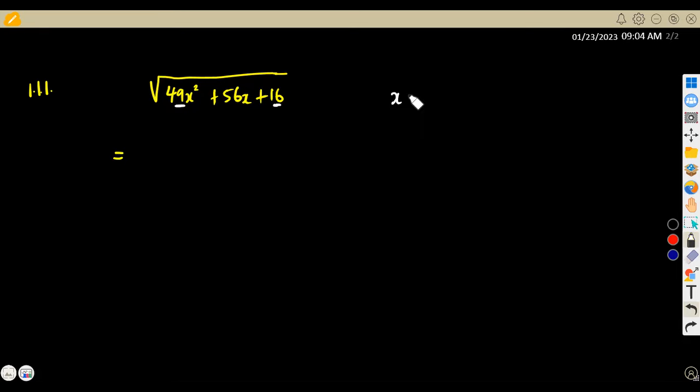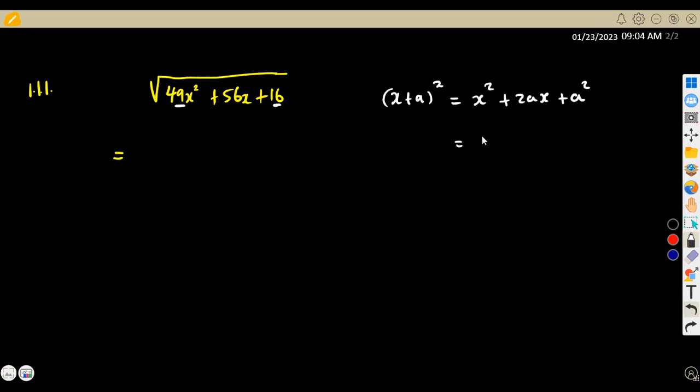Let me write it. If you are given x plus a, squared, it gives you x squared plus 2ax plus a squared. So if we rewrite, 49x squared can be written as 7x squared, because 49 is a perfect square.